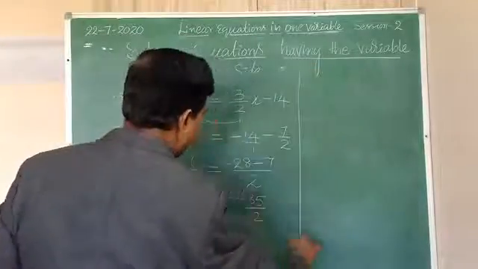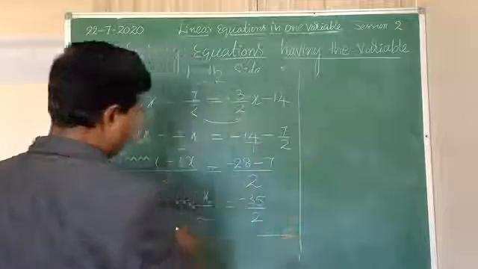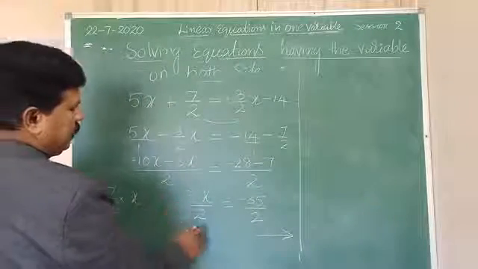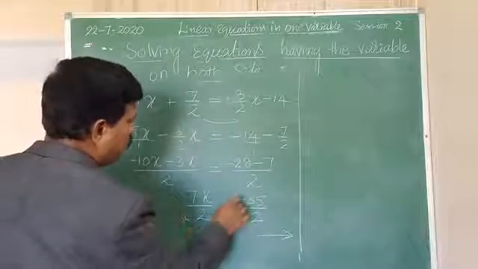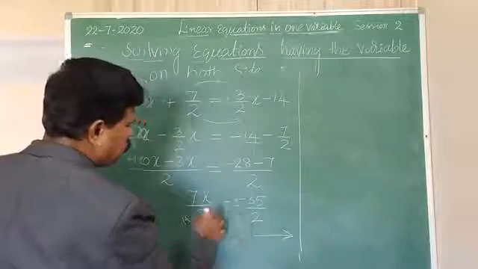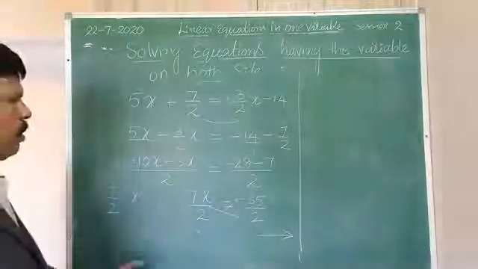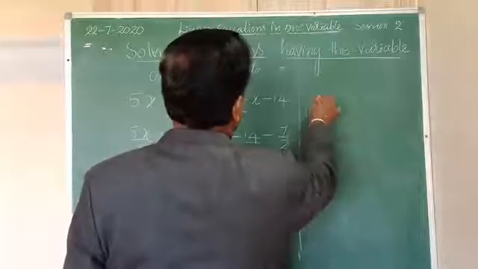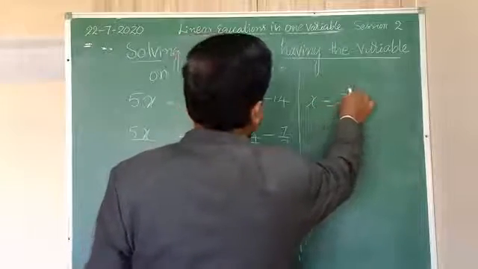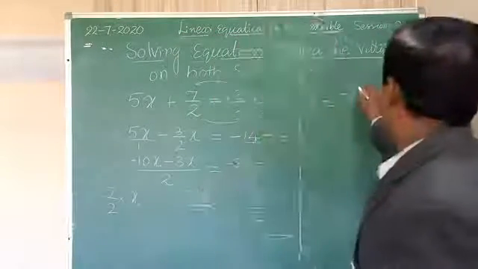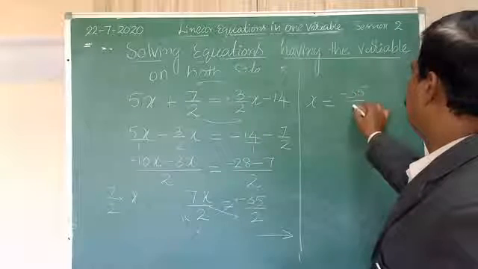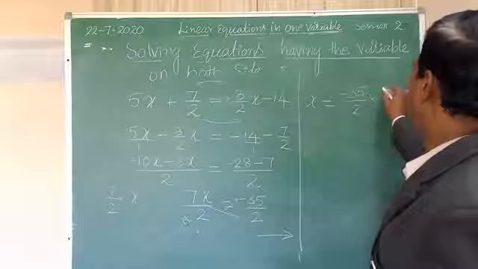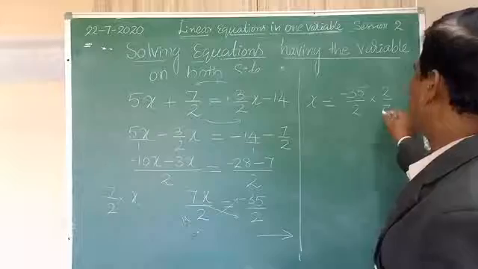Now continuing, keep the x. So this 2 goes to numerator and this 7 comes to denominator. Now x equals minus 35 by 2 into 2 by 7.